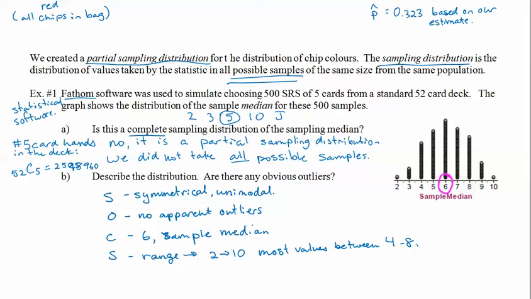Now, we're going to start looking at how we can use this information. First, we need to be able to make some estimates of probabilities based on our histogram here. So I have gone ahead and measured how tall each of these bars are to give us some proportions.